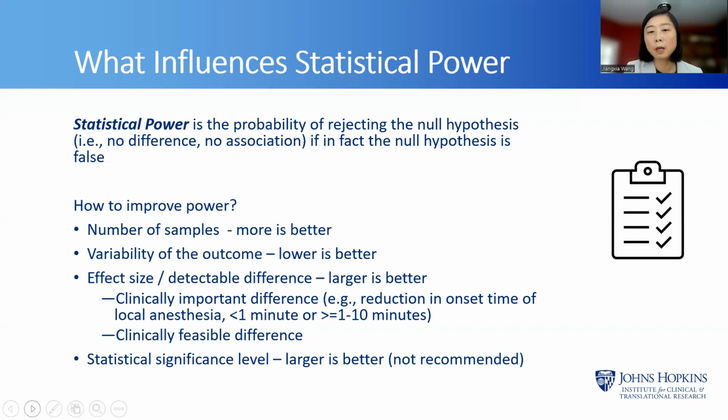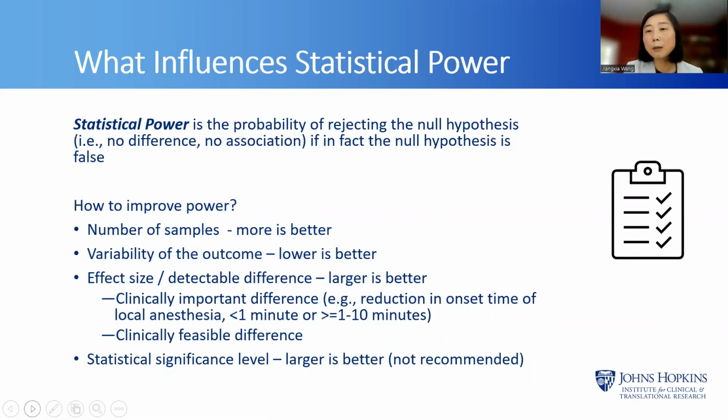For example, if we are carrying out a study about local anesthesia, we want to look at the reduction in the onset time. Should we choose 1 minute or somewhere between 1 to 10 minutes as the detectable difference? We probably would think about somewhere between 1 to 10 minutes, because less than 1 minute is not really that clinically important.